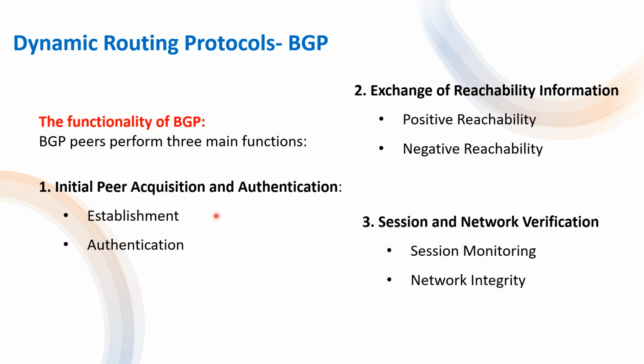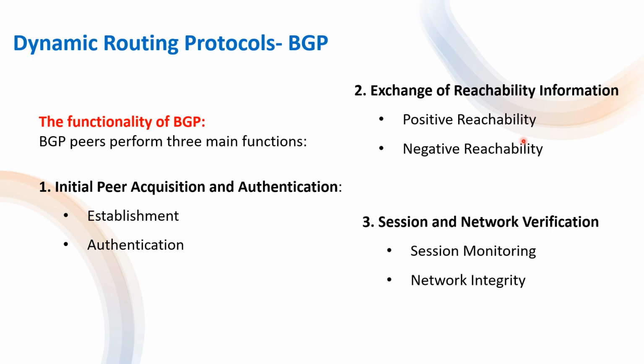The process involves handshake and verification to ensure both peers are prepared to exchange routing information. Peers may use authentication mechanisms to verify that they are communicating with legitimate and authorized routers, enhancing the security of the session.